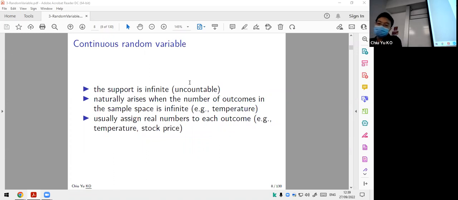If that's the case, then it is continuous, like temperature, stock market, price index, right? Anything in finance, anything with price is a continuous random variable. So it should not be a problem to see how they're different, but later you will see there's some reason why you want to do it. Okay.